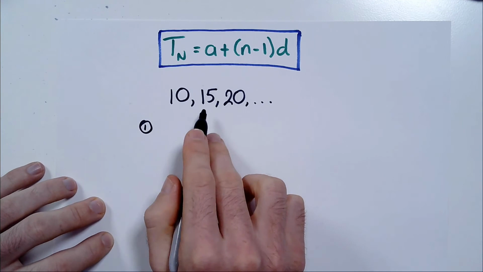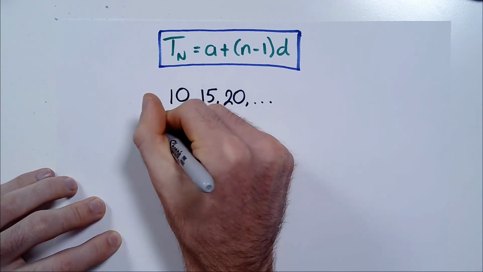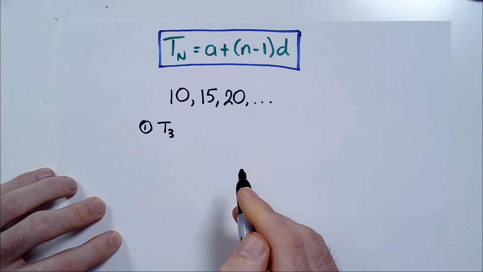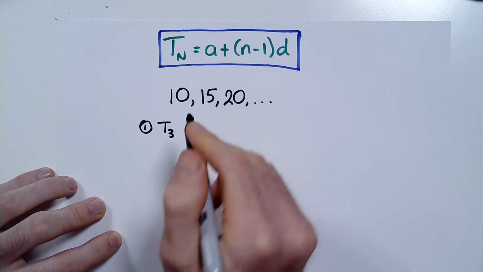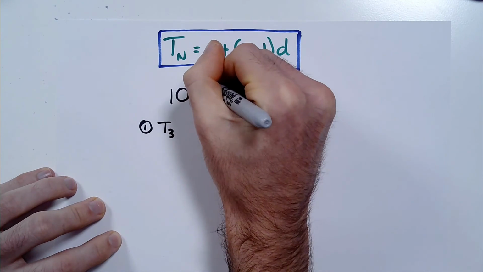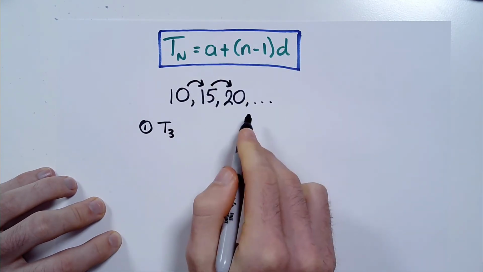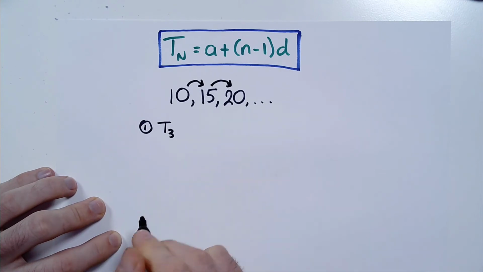So if we have 10, 15, and 20, the test you always do to prove that something is an AP is to prove that the numbers are going up by the same amount. That is, that they have the same difference between them. So I'm interested in what's happening between 10 and 15. What's happening between 15 and 20? I want to make sure that the difference between each of these numbers is the same each time.